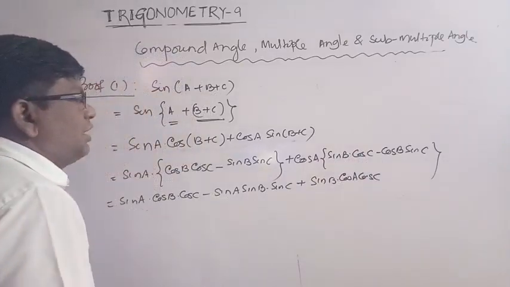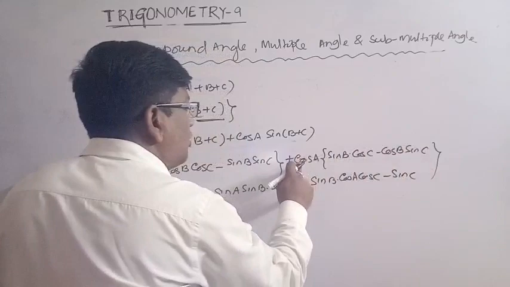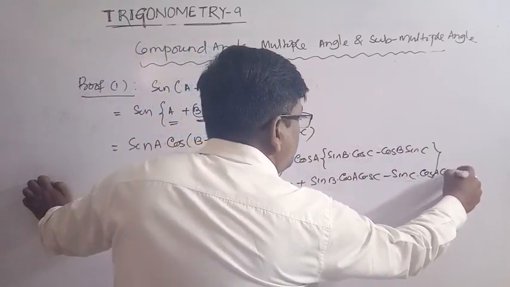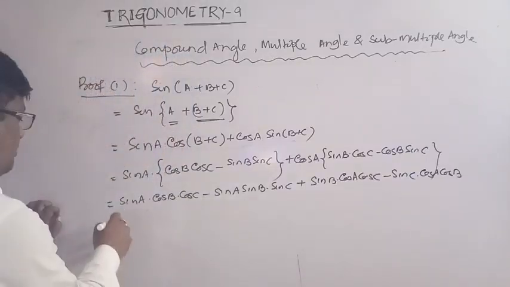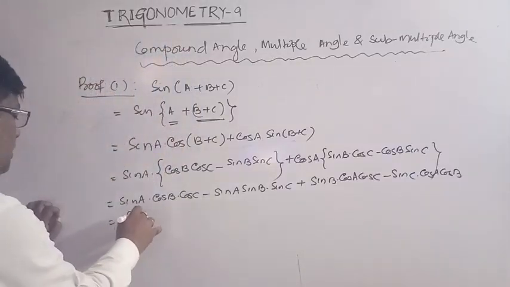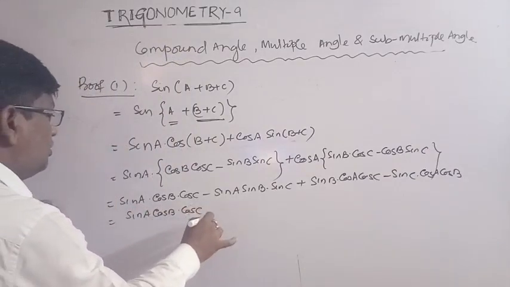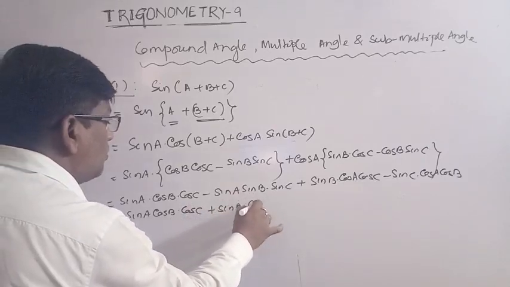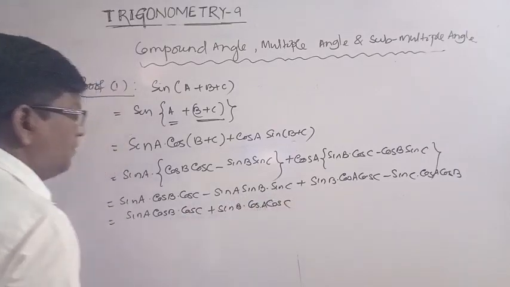Now sin c minus sin c here, and cos a into cos b. Now arrange properly. This is sin a into cos b into cos c plus what? Sin b into cos a into cos c, or cos c into cos a.